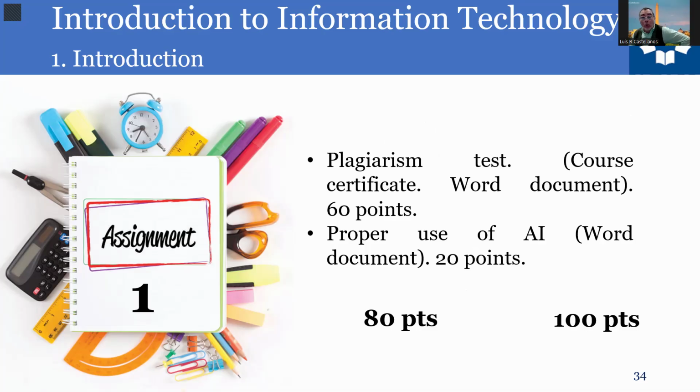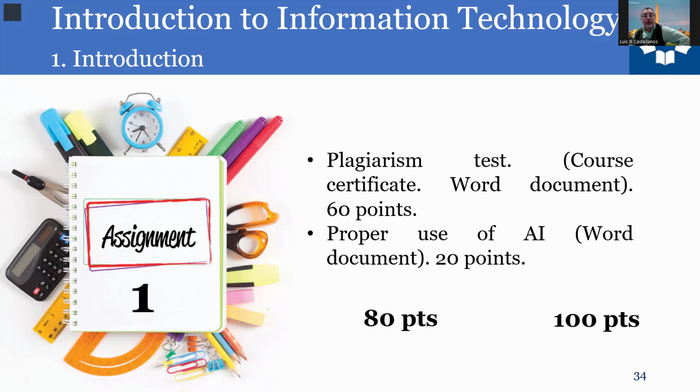On the Model 1 assignments, we have 2. We have the plagiarism test, and we have a proper use of AI paper. So both are going to be in Word documents. For the plagiarism test, you're going to go to the University of Maryland website, and there's a plagiarism course that you take there.